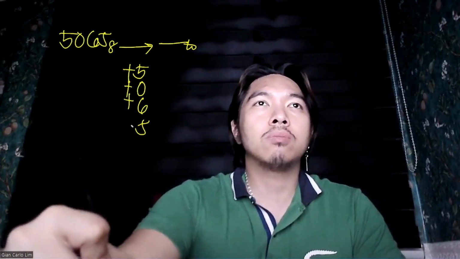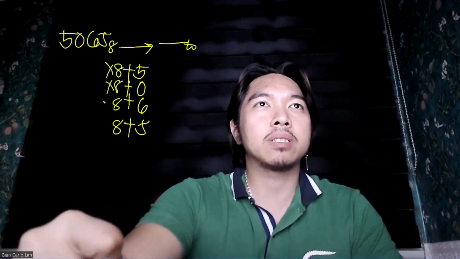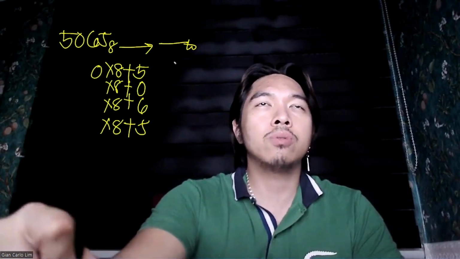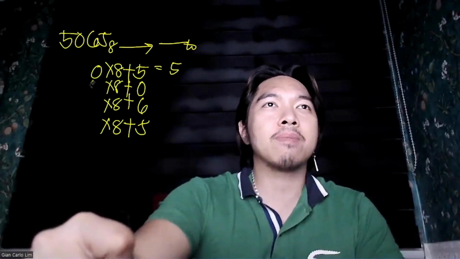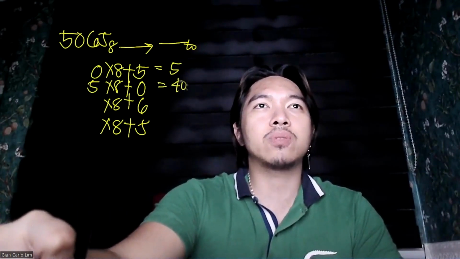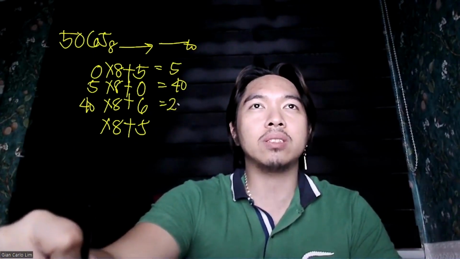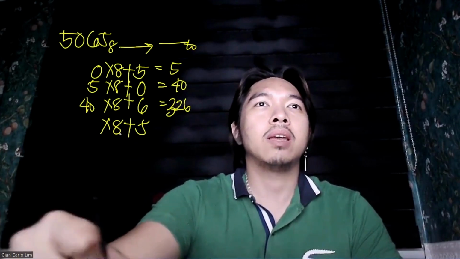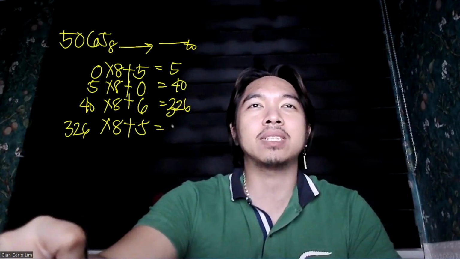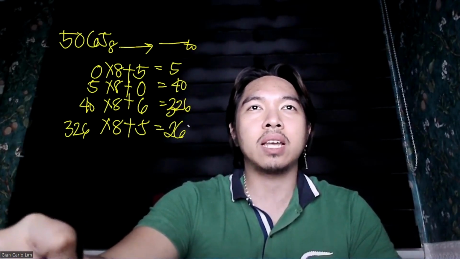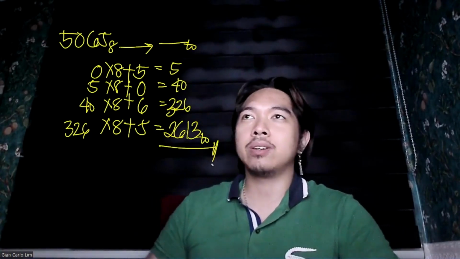So, plus here, and then the 8, and then times. And then 0 by default. 0 times 8 is 0 plus 5, so still 5. 5 times 8 plus 0, so that is 40. 40 times 8 plus 6, so that is 326. And then 326 times 8 plus 5, that is where our correct answer comes out, which is 2,613 base 10. And that is now our answer.